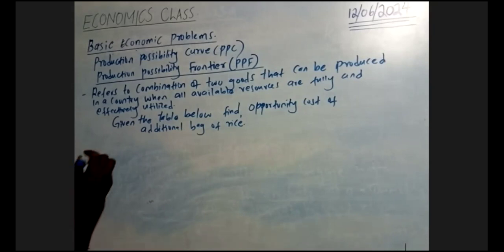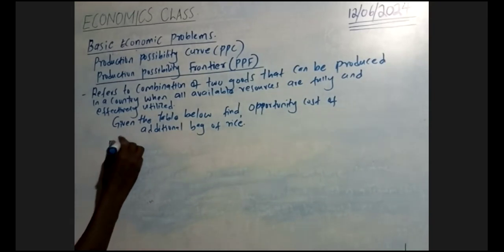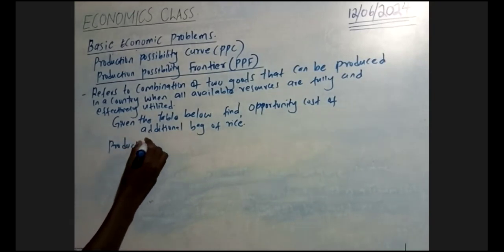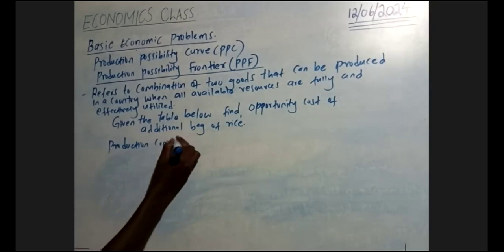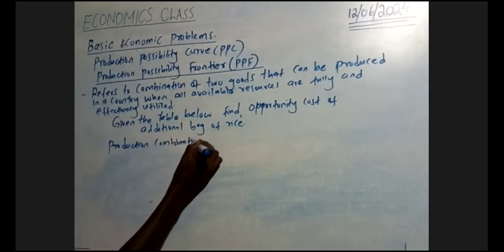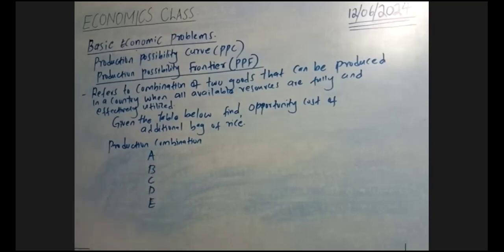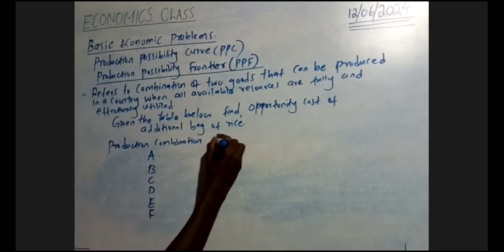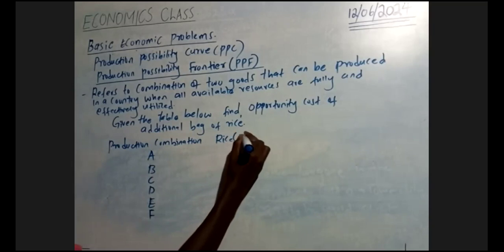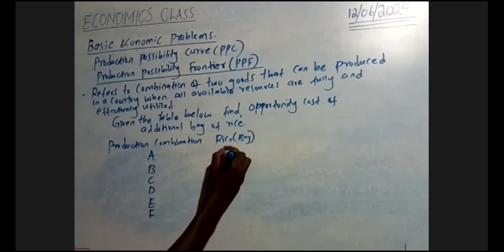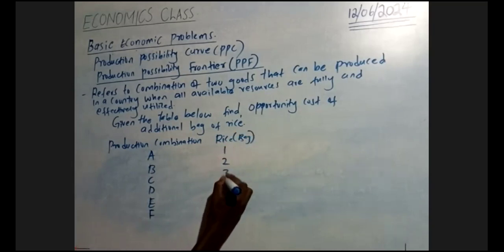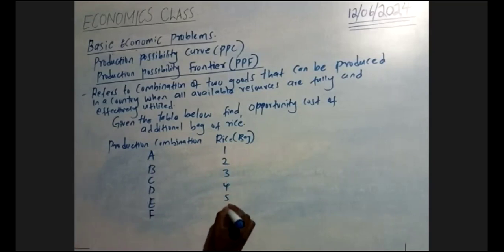So we have production combination. So we have A, B, C, D, E up to F. We have rice in bags. So we have 1, 2, 3, 4, 5, 6.